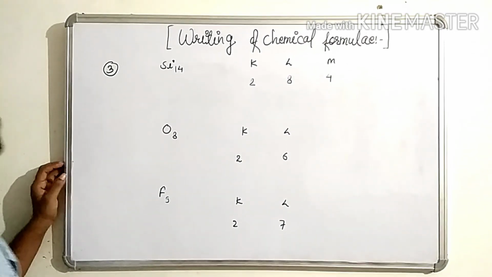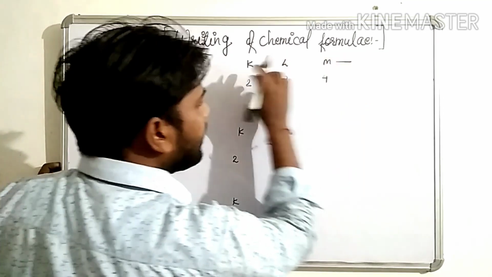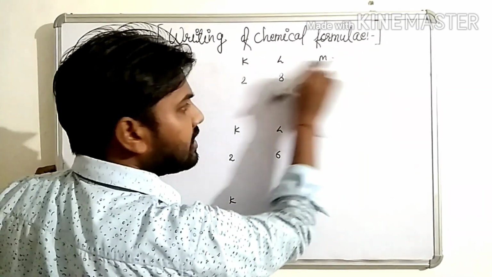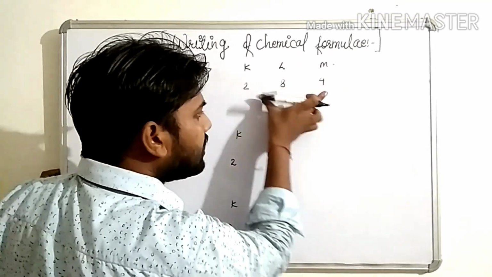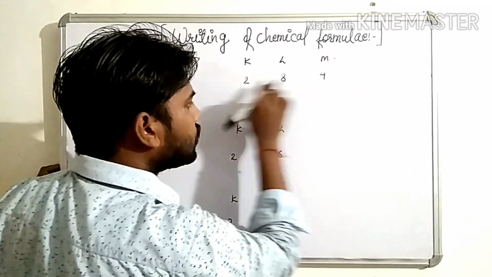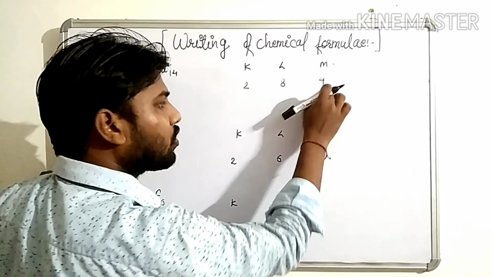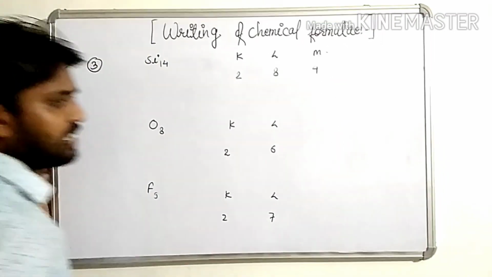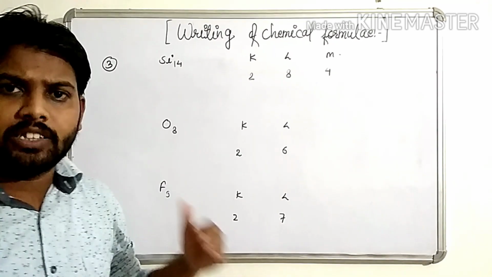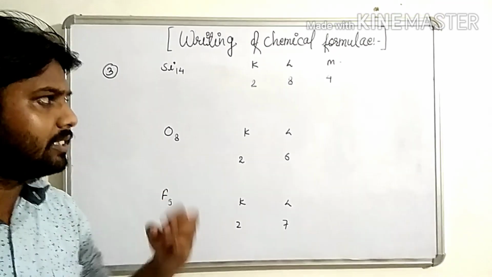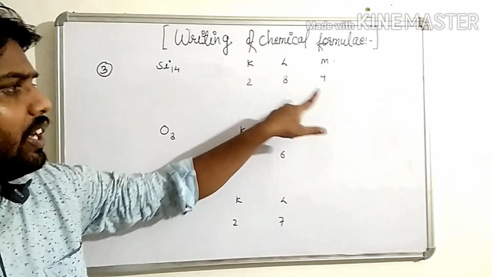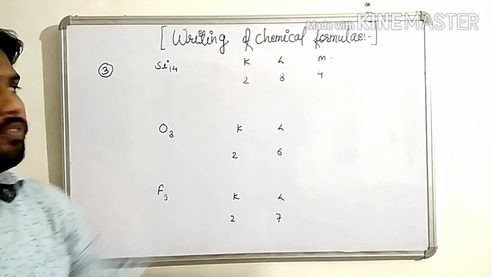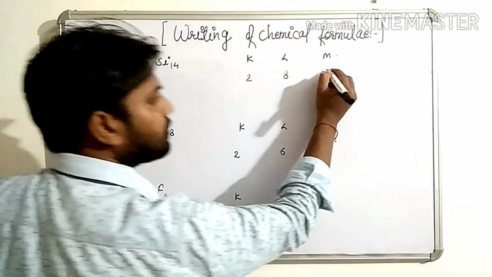So children, K, L, M, N always represent the cells, and these numbers, 2, 8, 4, 2, 6, represent the number of electrons in various cells.